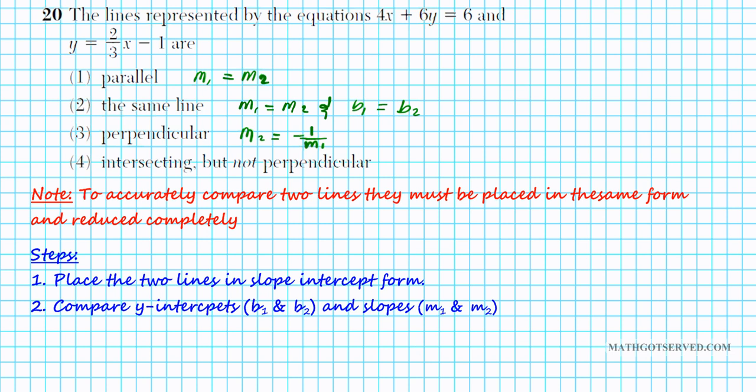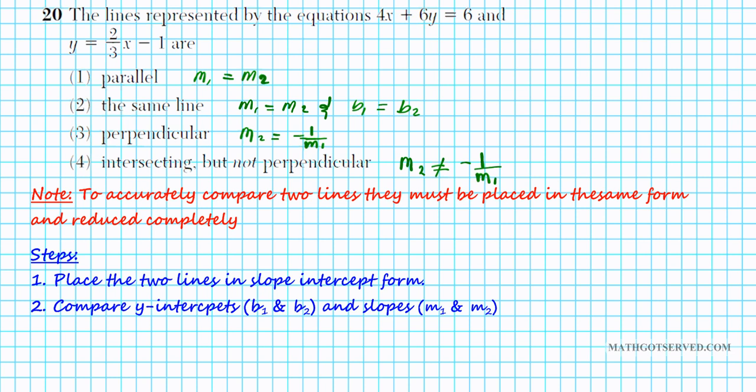So if two lines are intersecting but not perpendicular, we're going to have M2 not equal to negative 1 over M1. Okay, that means that they're not perpendicular. That guarantees that they're not perpendicular.